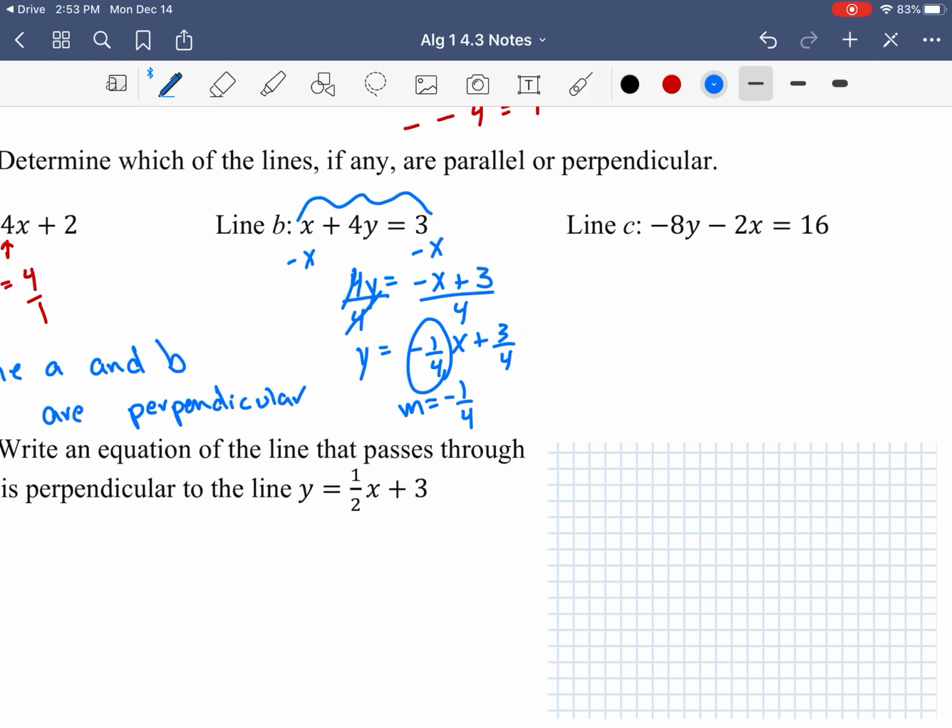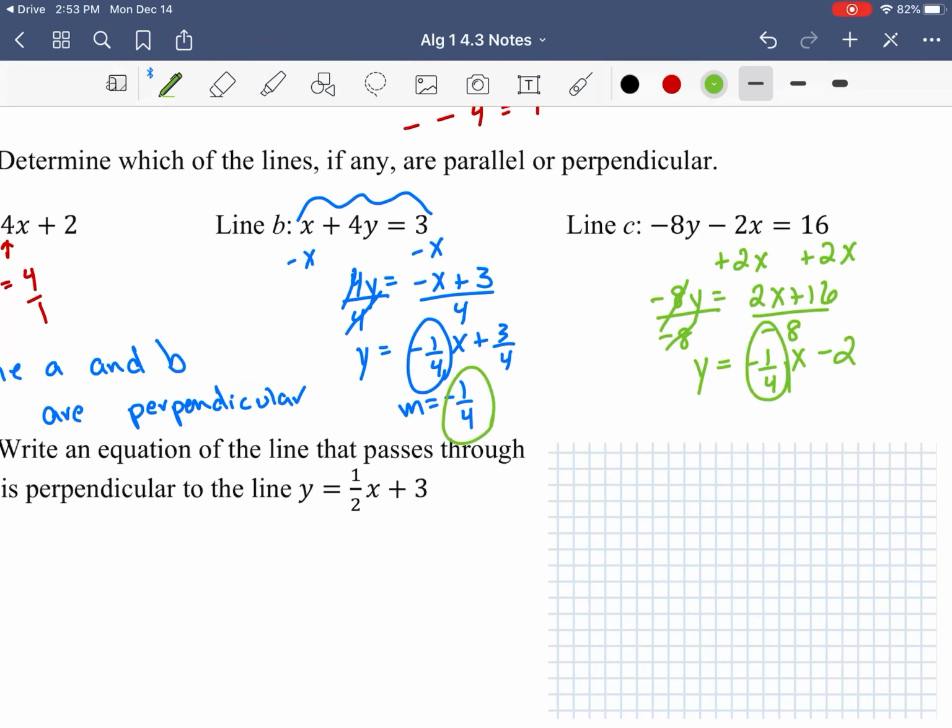Okay, and last one, let's do this last one, line C. Let's compare this guy. I know to add 2x to both sides. -8y equals 2x plus the 16 divided by -8. Y equals, the 2 divided by -8 is -1/4 x minus 2. Well, this one has the same slope as this.